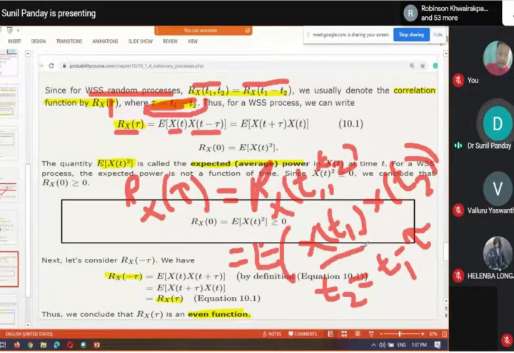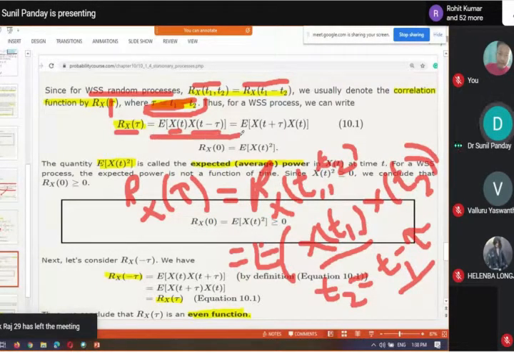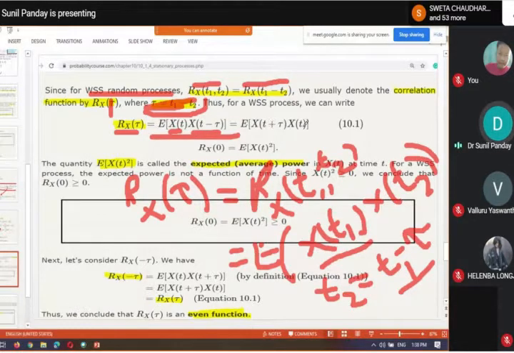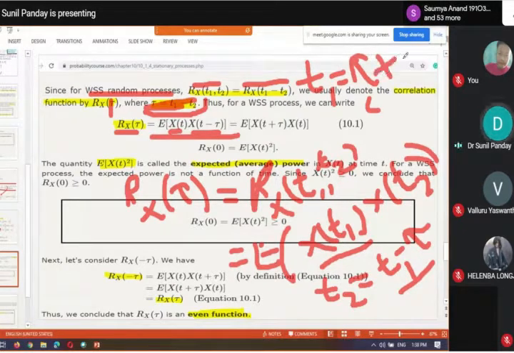So x(t1) remains as it is, and t2 is replaced by t1 minus tau, and you will get this form. Similarly, you can keep t2 as it is, and t1 can be written as tau plus t2.